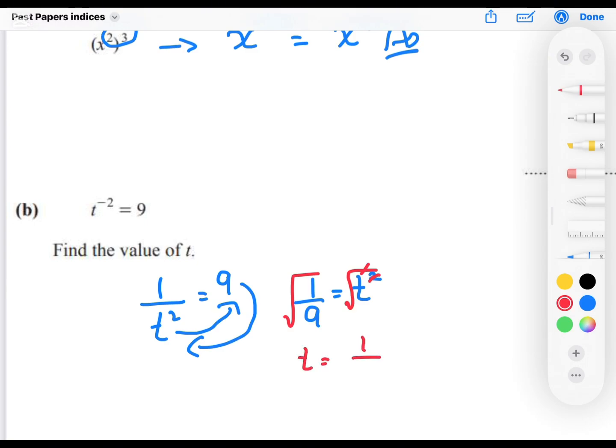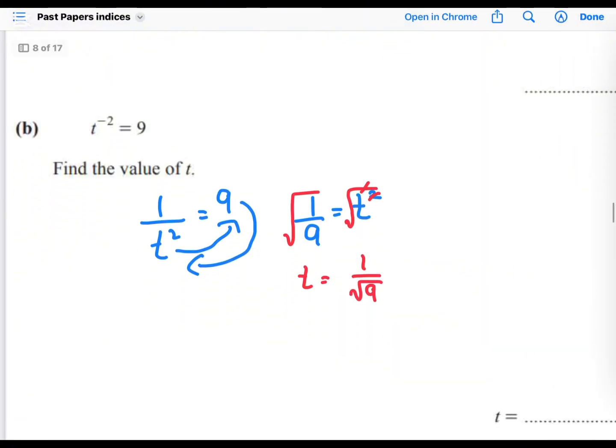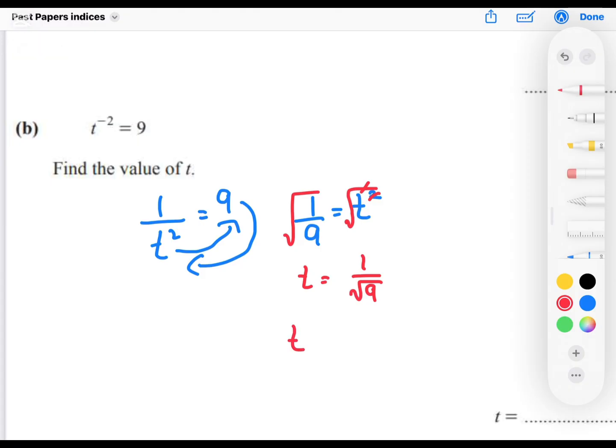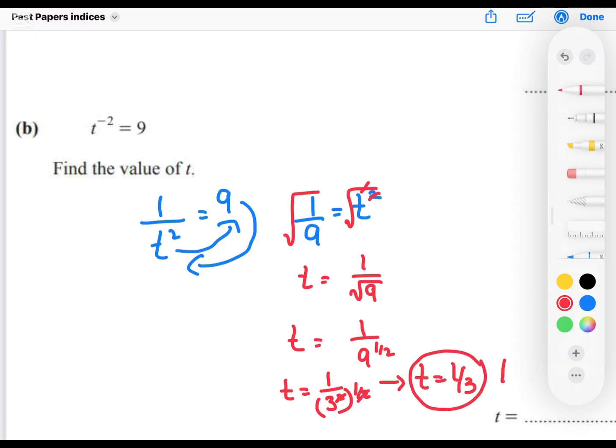Root 1 is always 1, and I will write root 9 here. So now listen to me carefully. That's a very basic step. You must know about this thing, that when I remove the root, it will give me 1 upon 2, and I know that 3 square is 9, so this will be cancelled out. So the value of t will be 1 upon 3.